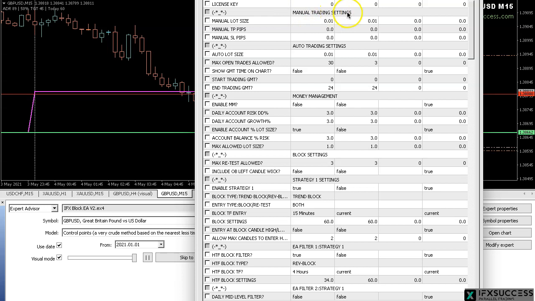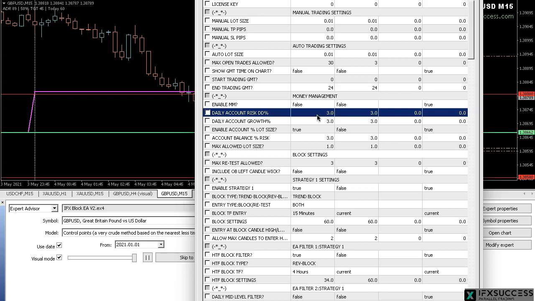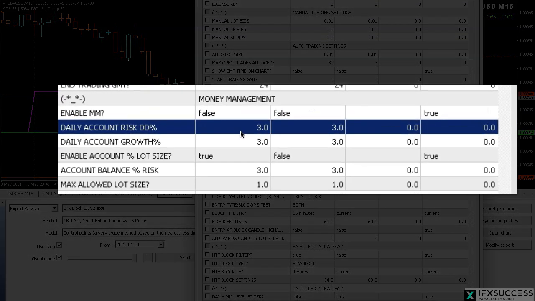Again, we're going to ignore all of this right here. We have manual trading settings, we have auto trading settings, we have money management. If we enable money management, it means that we can set a daily account risk drawdown, so maximum 3% based on your account balance, or growth, so once it reaches a percentage, then it's going to stop trading for you. So you can have this as manual and auto trading. This is also the best thing: if you don't want it to enter trades but you want to get an alert, you are going to get an alert.